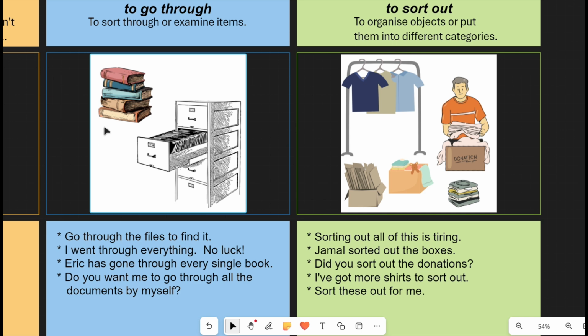And you can say, Eric has gone through every single book. Now, with this one, it could also mean that he read all of the books. Okay? He read everything. Next example is a question. Do you want me to go through all the documents by myself?